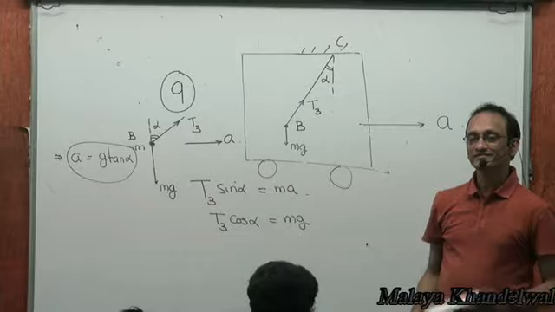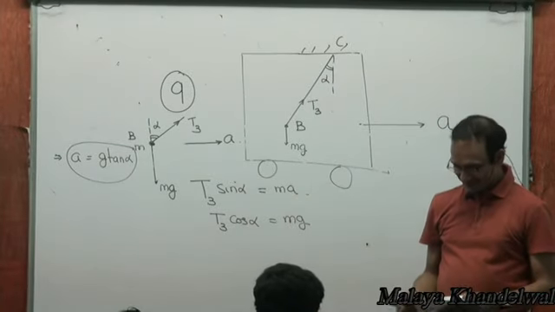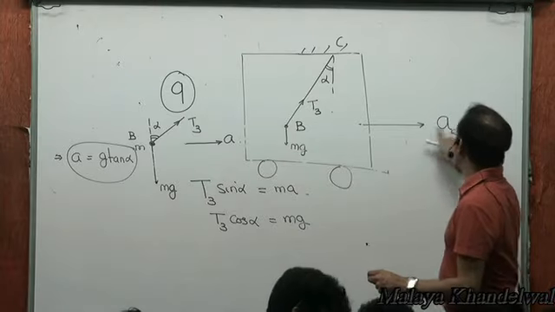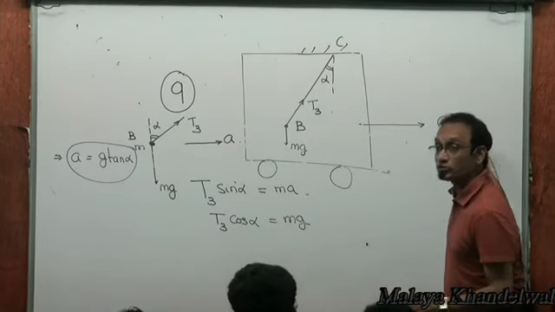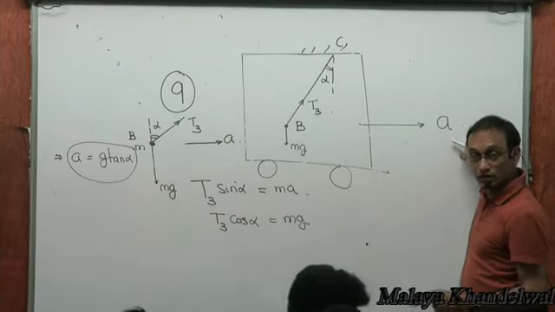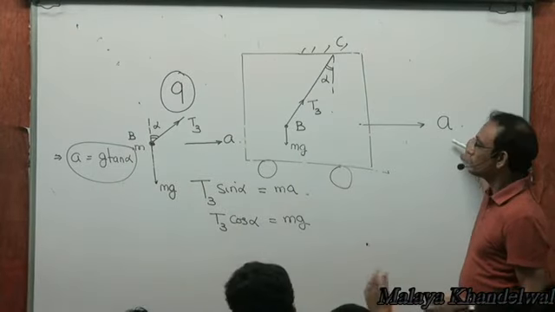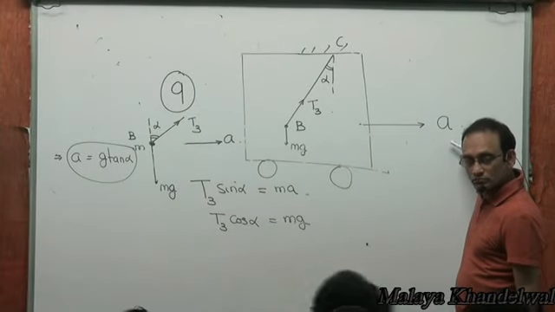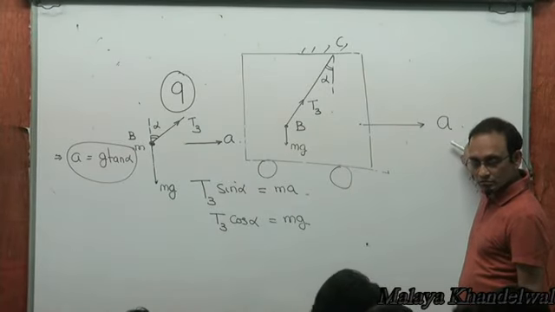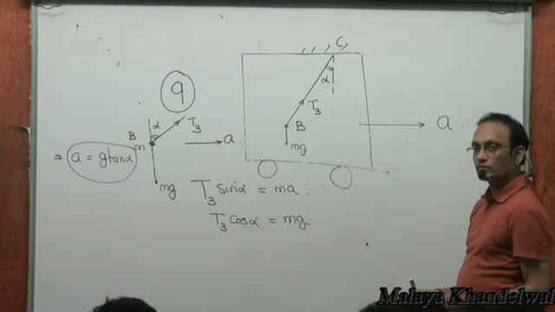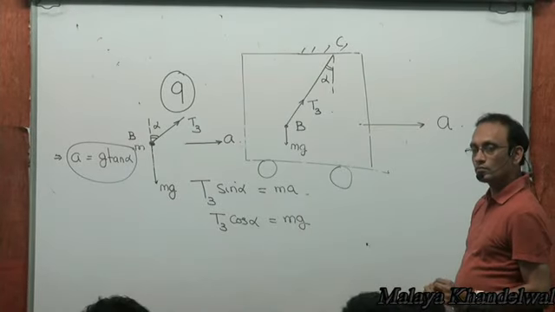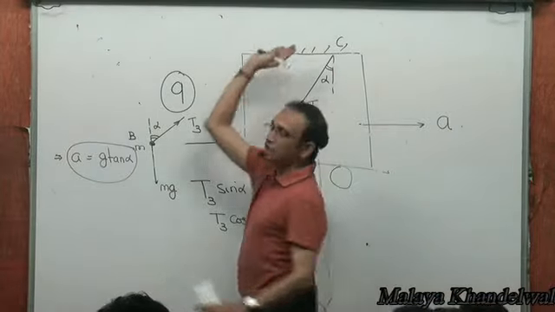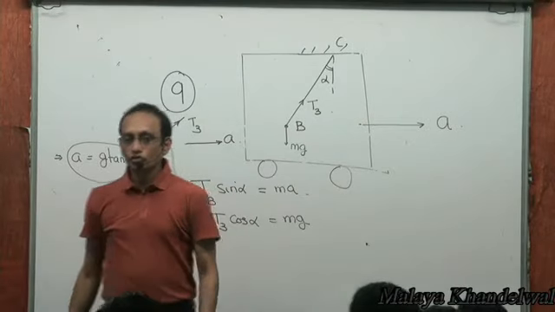Yes, Ayush? So A must be g tan alpha to the right. With respect to the carriage, isn't it? Why? If it is in the left direction, then it will tilt leftwards. No, that's not what you want.